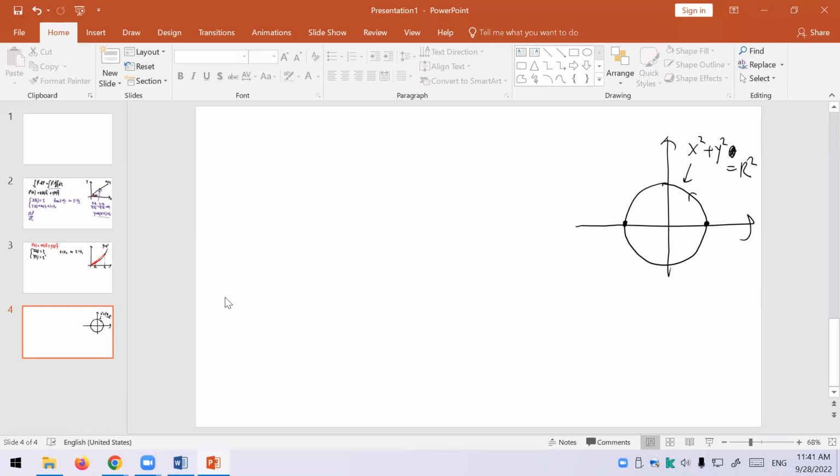Parameterization. If you just use the same idea here, you would think, what about I pick x to be t, and then y to be this.